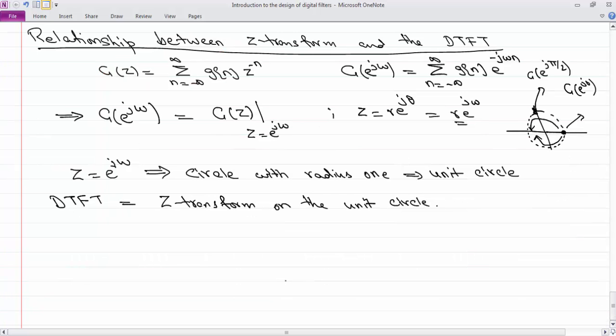And of course, as we talked about earlier, sometimes your Z transform exists, but your discrete time Fourier transform doesn't exist. So what's the definition of discrete time Fourier transform existing? Of course, it's the same definition that the magnitude of G of e to the j omega should be less than infinity. So you can tie the existence of discrete time Fourier transform to the region of convergence of your Z transform.